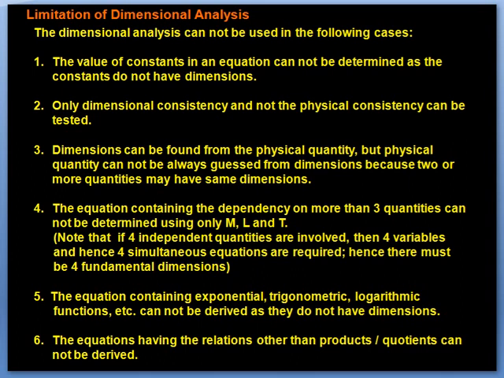Number 5, equations containing exponential, trigonometric, logarithmic functions etc. cannot be derived as they do not have dimensions. Number 6, an equation having relations other than product and quotient cannot be derived.